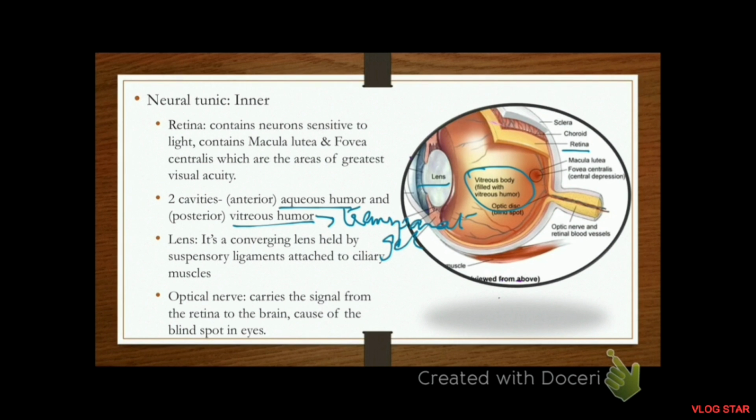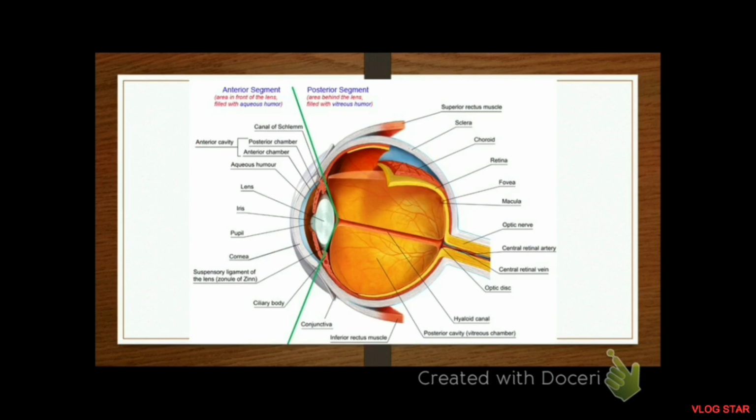Let me show you another picture. This is the aqueous humor. You can clearly see this part is the cornea, and this is your lens.